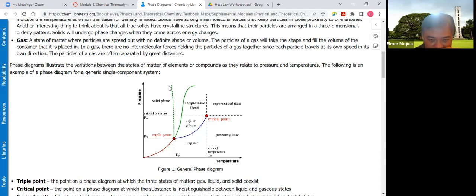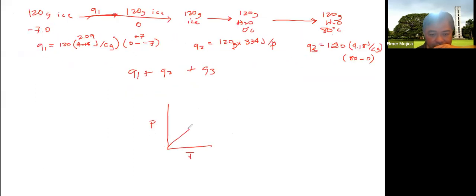Now what information can you get in the phase diagram? Okay, so kung i-drawing ko yung phase diagram, usually, let's say ganito. Kita nyo ba yung window? So we have here the solid, the liquid, and the gas. So what can you say about that?